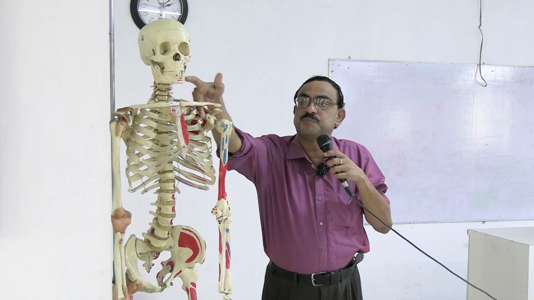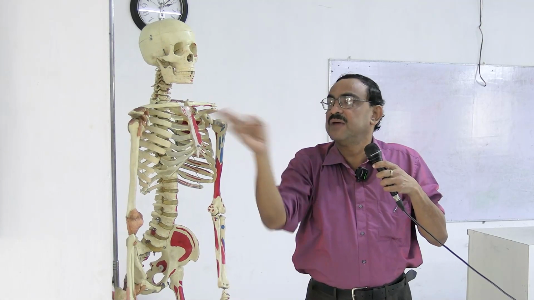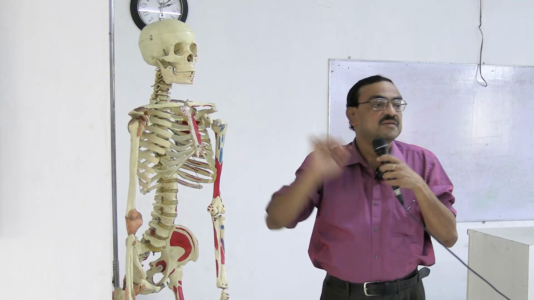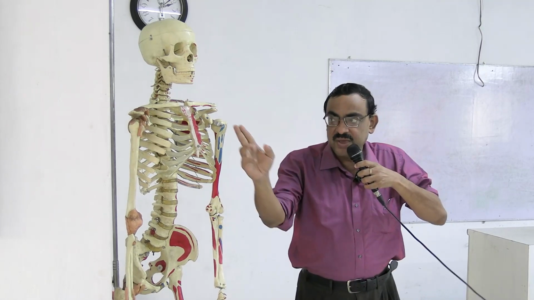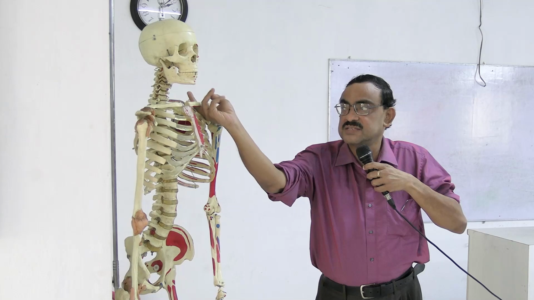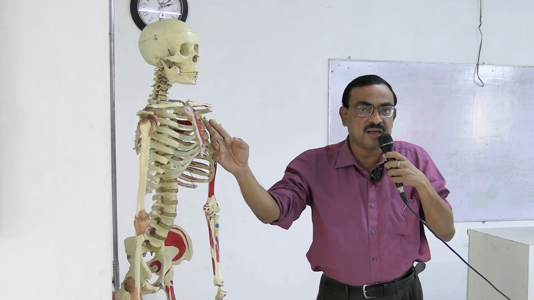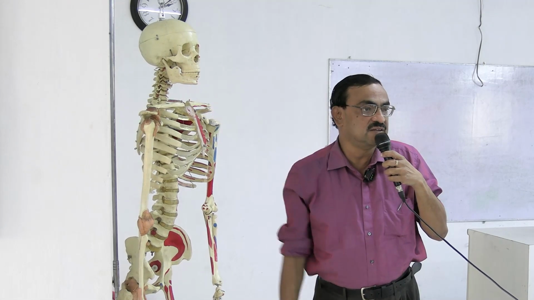So this is the space and this is directed above. The apex is directed above and base is directed below. So we can reach from the thorax to the cervical region or from the axilla to the cervical region.